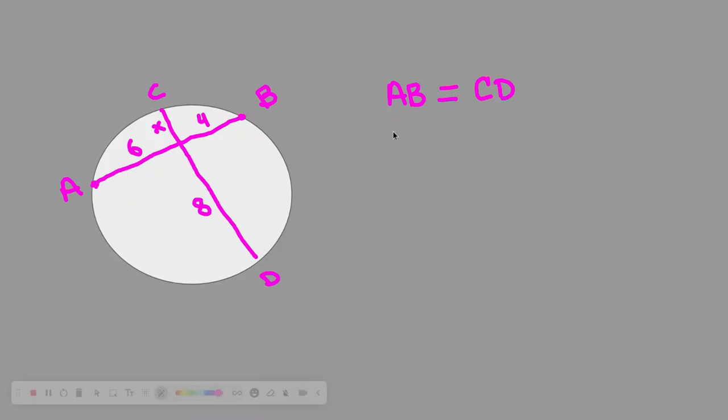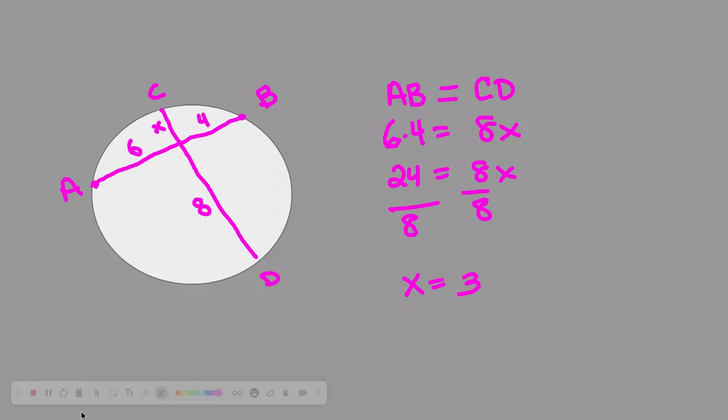So we'll say 6 times 4 has to equal 8 times X. So this is 24, has to equal 8X, and so it's just some algebra, and we know that X has to be 3. All right, because we know that 8 times 3 is 24, and 6 times 4 is 24, so that's how we got that one.